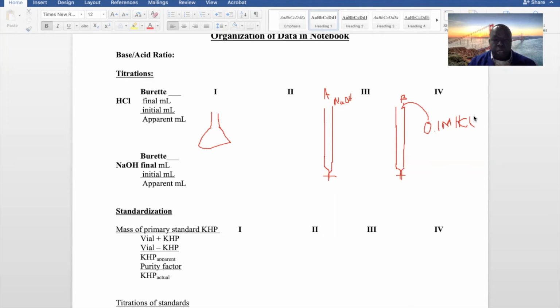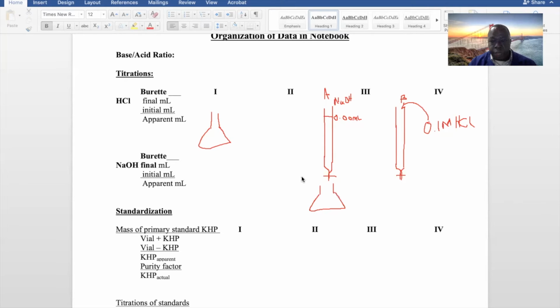So in the first trial, if your initial volume was 0.00 mL, that is where the meniscus was, and then you titrate this sample.